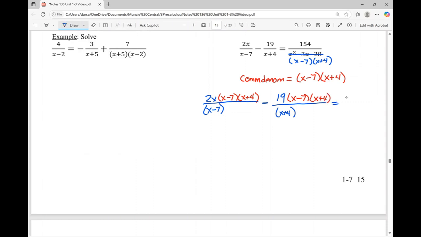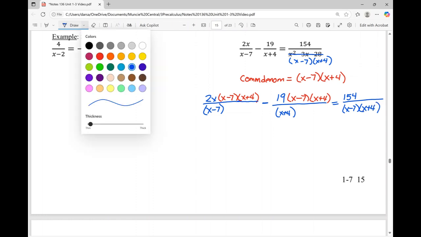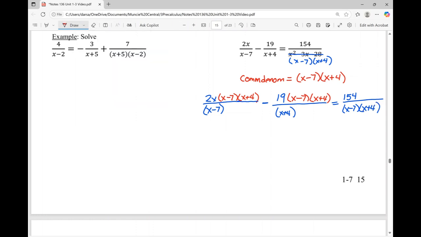And this is equal to 154 over (x minus 7)(x plus 4). And again, you have to multiply every single fraction. That's what happens when we distribute this and multiply both sides. So both sides will get multiplied by (x minus 7)(x plus 4).